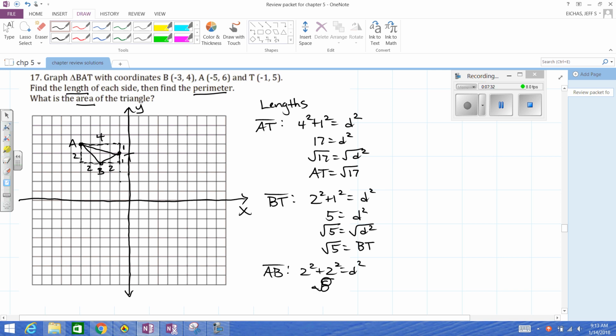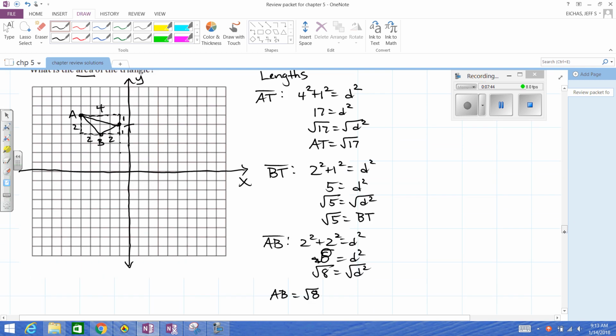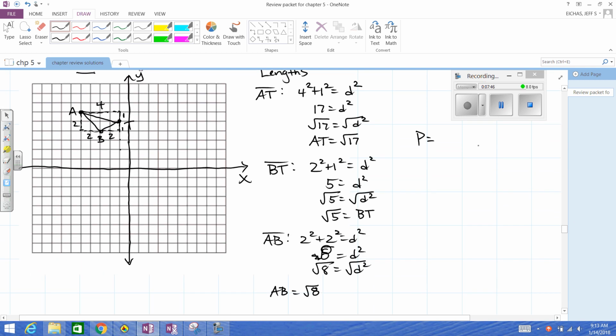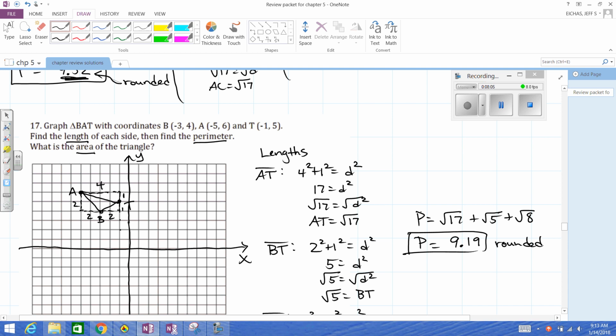Oops, just 8. Square root both sides, and we're going to get AB equals the square root of 8. All right, perimeter, again, add those up. So that's the exact amount. Let's see, rounded to 2 places would be 9.19, it looks like. So rounded, and up here is exact.